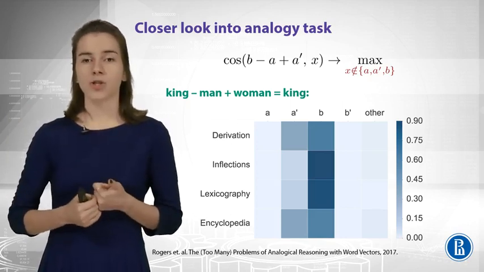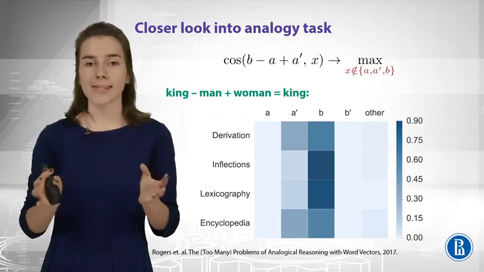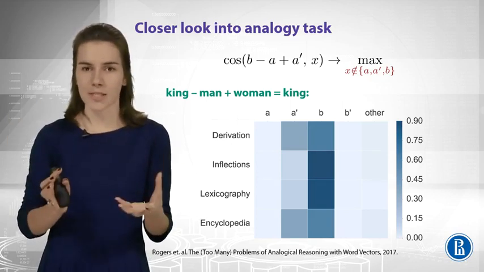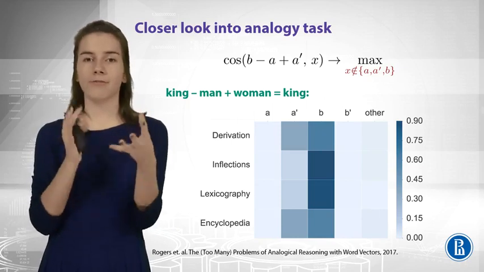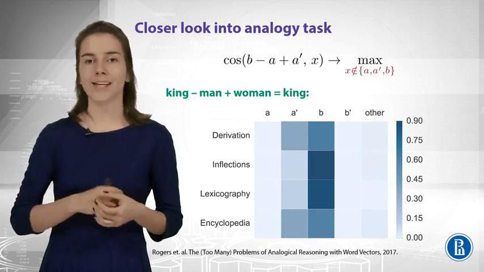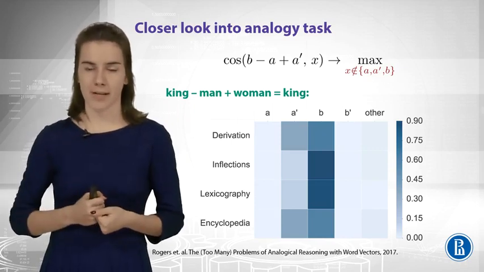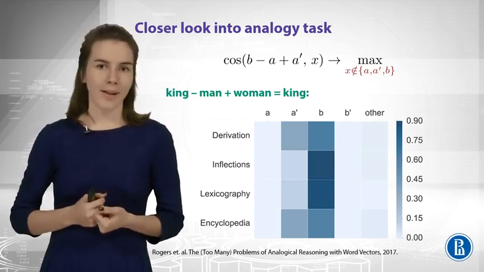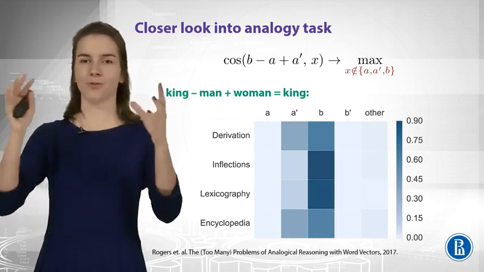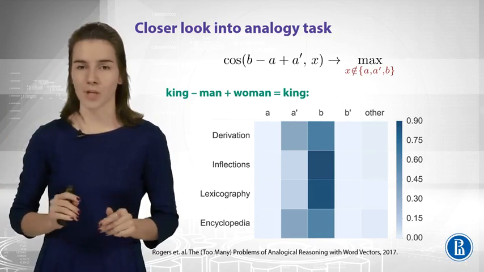So you see, in let's say 90% or 80% of different analogies, we find the vector which is close to the B vector instead of the target B prime vector. Well, you know, it somehow ruins a little bit the picture that Word2Vec understands our language.